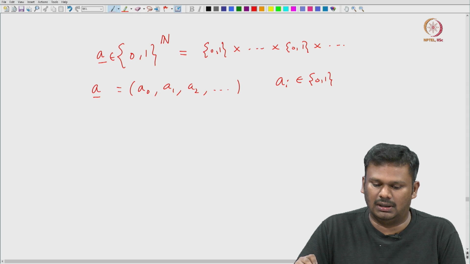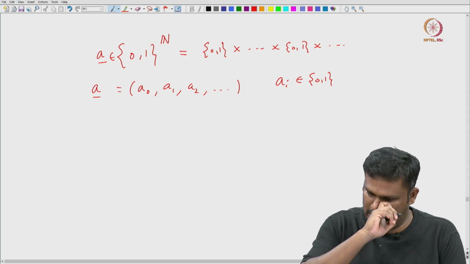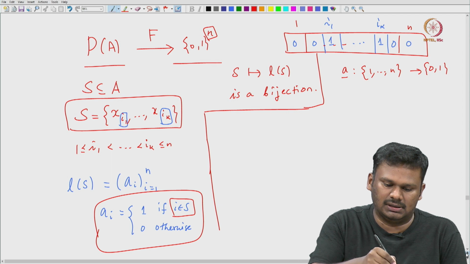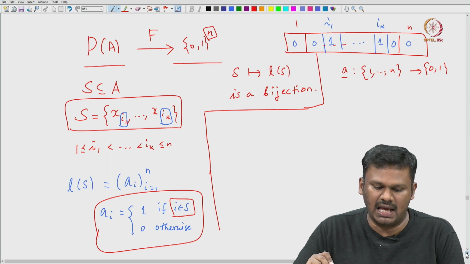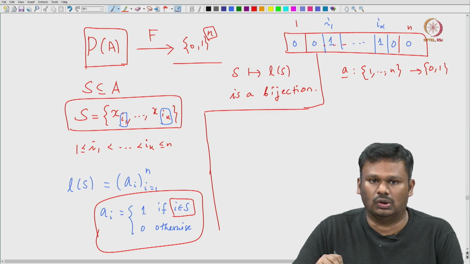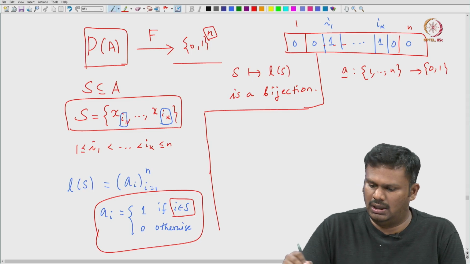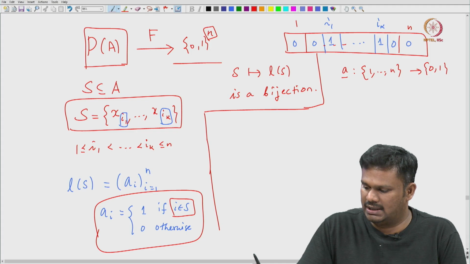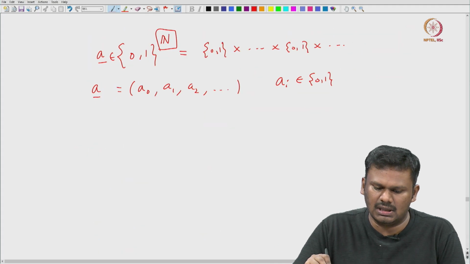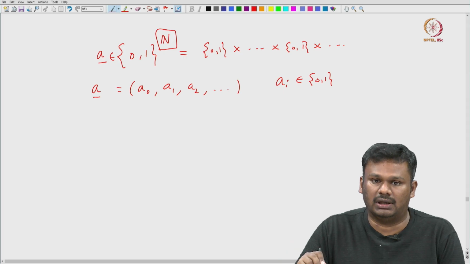So, now how do we visualize this? Like what we did earlier, for an n element set A, we identified the power set of A with {0, 1} to the power n. Now that is what we are going to do here as well. Here we have taken capital N copies of {0, 1}, and then we have taken the Cartesian product of that.